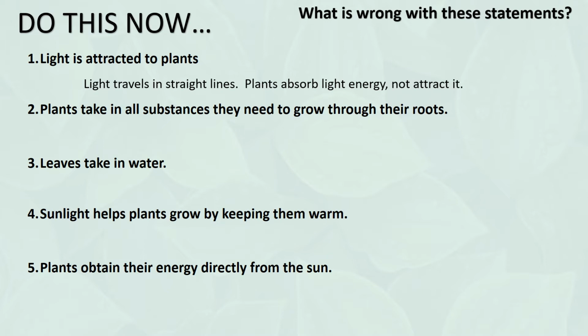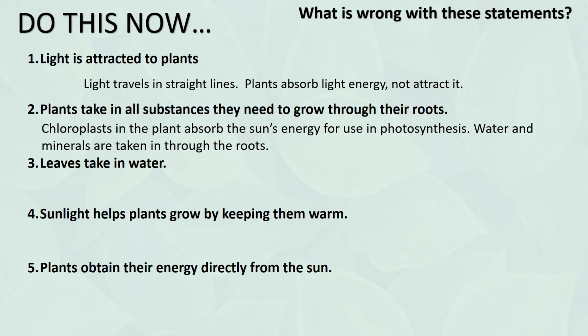Number 2, plants take in all substances they need to grow through their roots. The amount of times you hear about feeding the plants, I'm going to give the plant some plant food. No, it doesn't work like that.